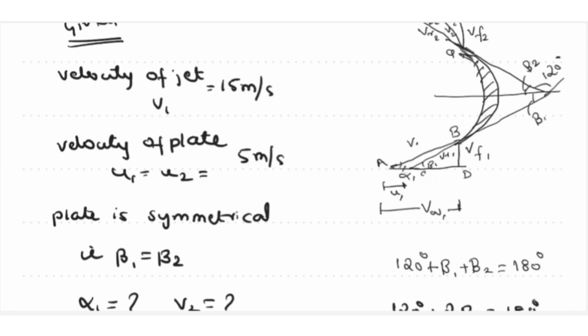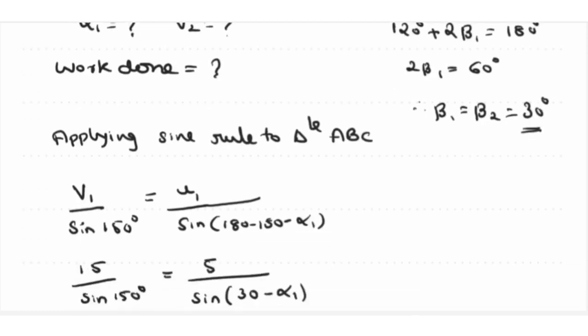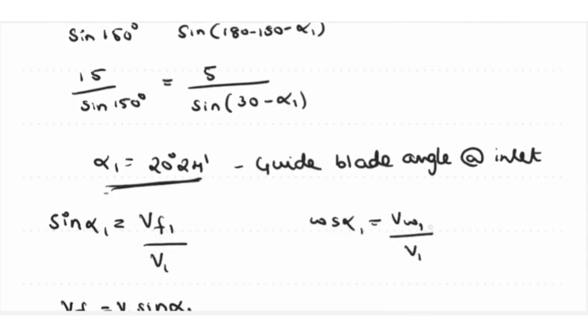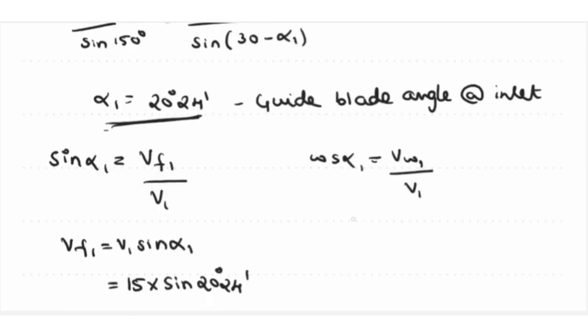So similarly we have to apply here cos alpha 1 to this triangle. So cos alpha 1 is equal to VW1, the adjacent side, divided by V1. So VW1 is equal to V1 into cos of alpha 1.